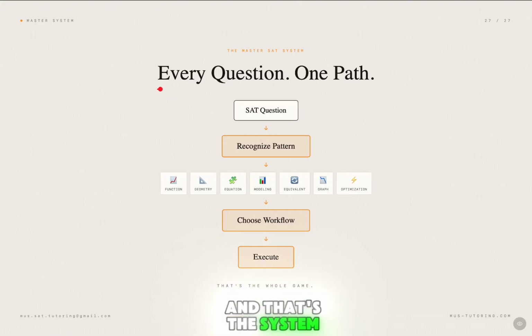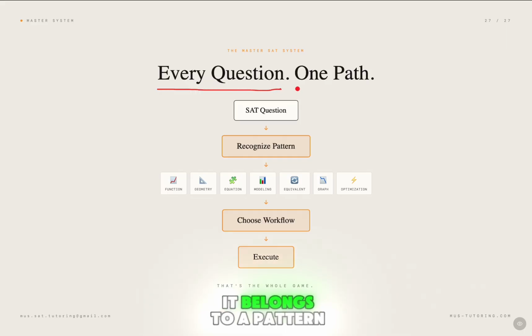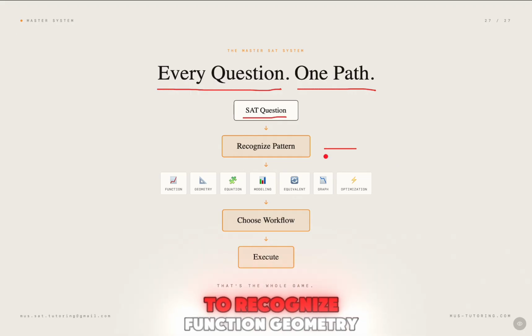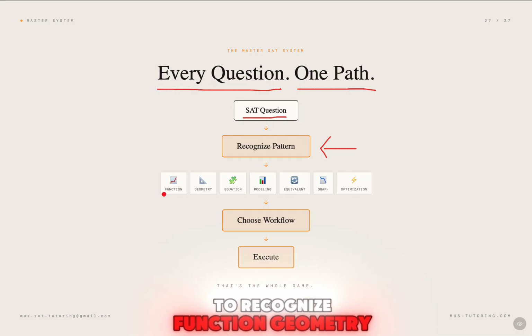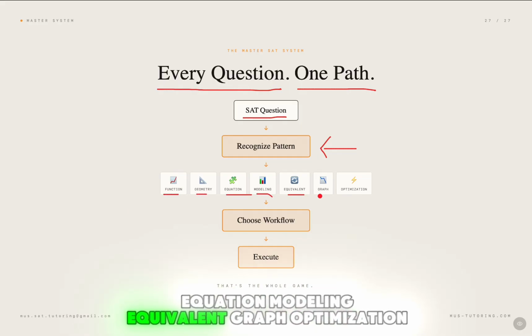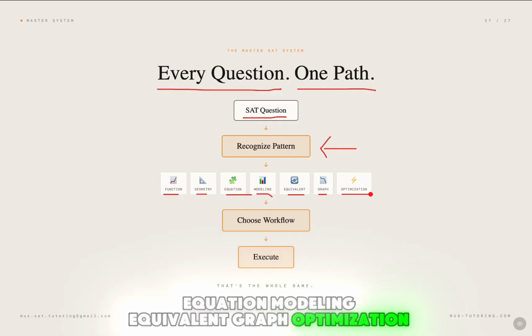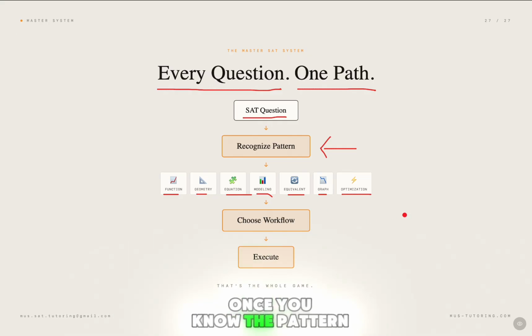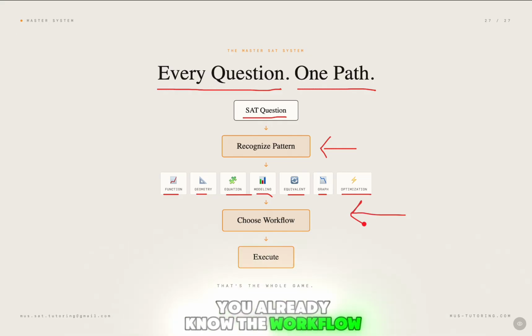And that's the system. Every SAT math question isn't unique. It belongs to a pattern. Your first job is never to solve. Your first job is to recognize. Function, geometry, equation, modeling, equivalent, graph, optimization. Once you know the pattern, you already know the workflow.